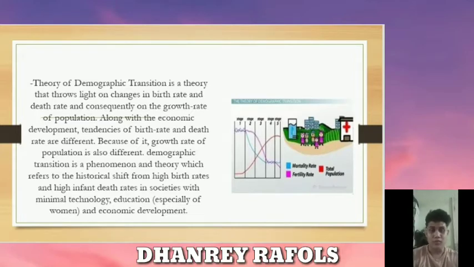So, in here, the demographic transition theory is a generalized description of the changing pattern of mortality, fertility, and growth rates as society moves from one demographic regime to another. In this picture, as you can see, it is a model of demographic transition.